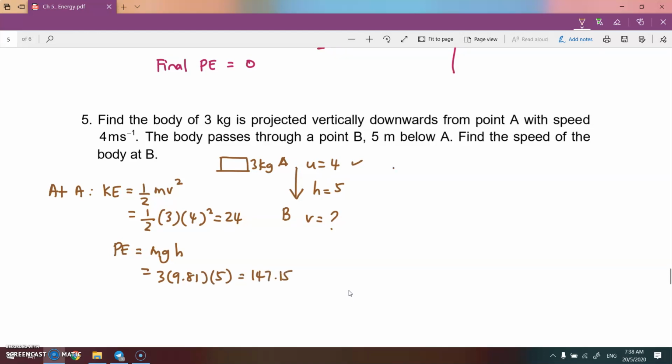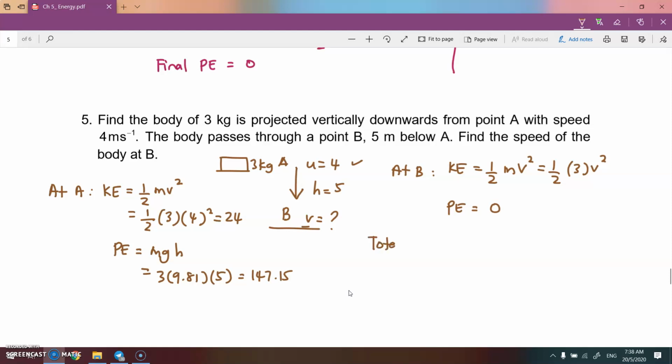Okay, this is at A. And then at B, what is the kinetic energy? Half mv squared, B you're going to find. So half 3, just leave it v squared here. Your potential energy, the position is at the bottom of A, so potential energy is equal to 0.